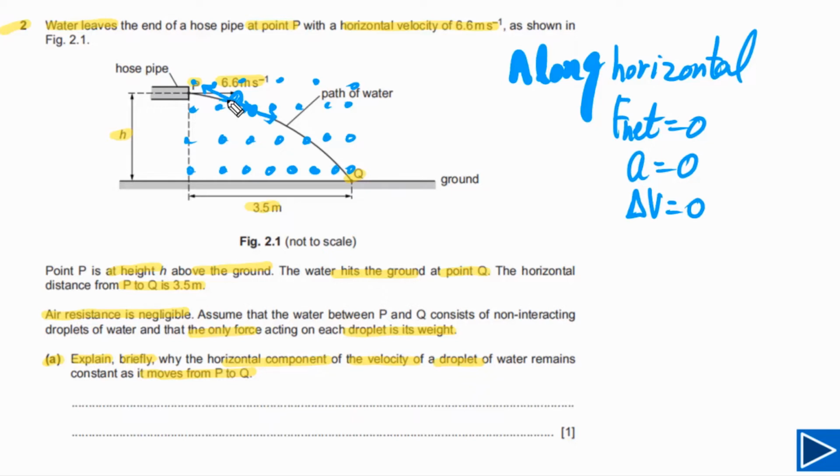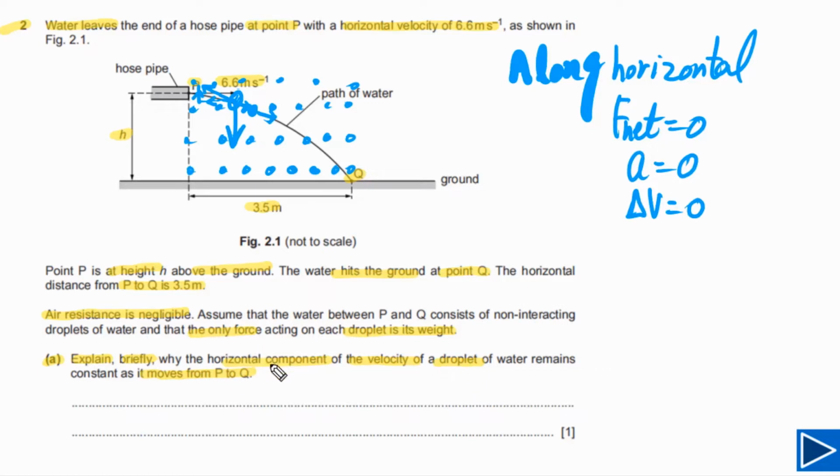So you can see the resultant force on this droplet has two components. One component is upwards and one is to the left. So if there was air resistance, then the droplet would decelerate along horizontal and also along vertical. But in this case, there is no air resistance. So the horizontal component of velocity will not change, but the vertical component of velocity will change because there is gravity acting in downward direction.